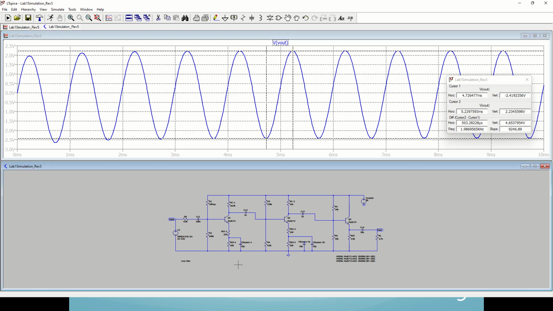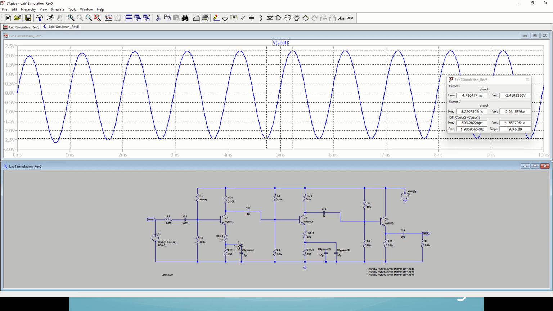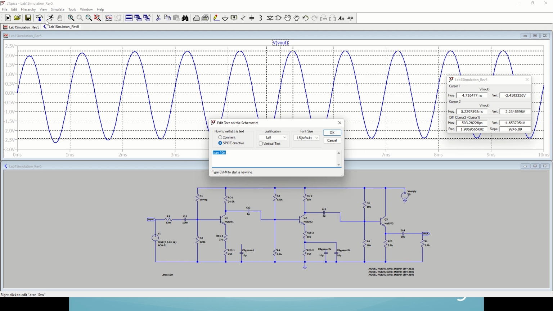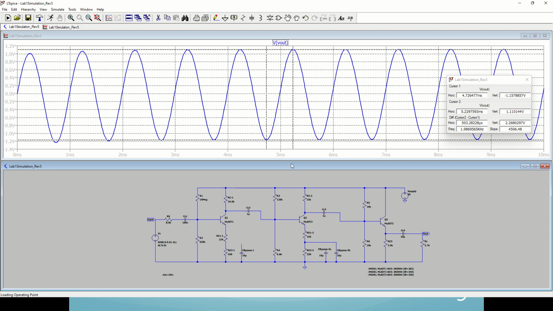So what I did is I just got rid of this bypass capacitor, so I'll just snip the wire so we can quickly see the result. I tried running this, and let's do a transient analysis just to make sure we're back to about 2 volts peak to peak. Yeah, so 2.27 volts peak to peak, we're in the ballpark range.